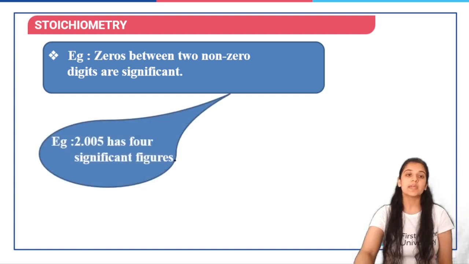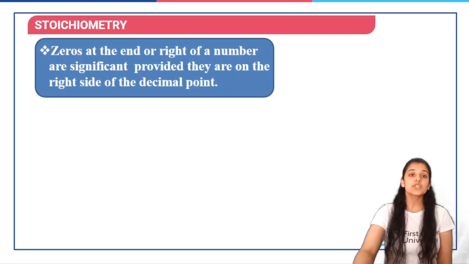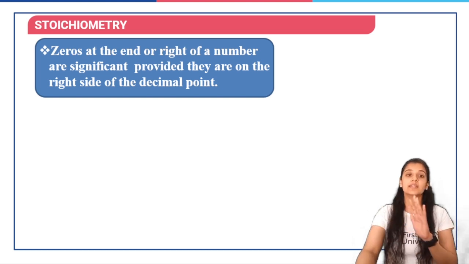Here 0 is going to be significant. 2.005 has 4 significant figures here because there is a 2. So had this been 0, we would have just had one significant figure. But now, since we have two zeros in between these two, so there are going to be 4 significant figures present here. So zeros at the end or right of a number are significant provided they are on the right side of the decimal point.